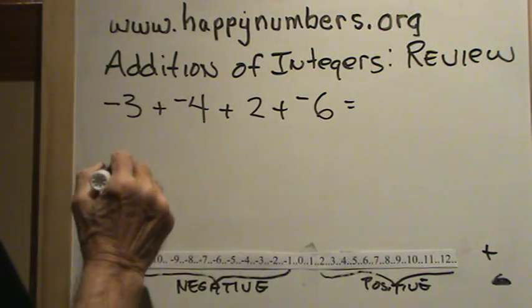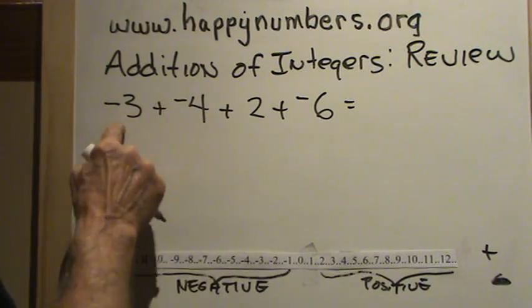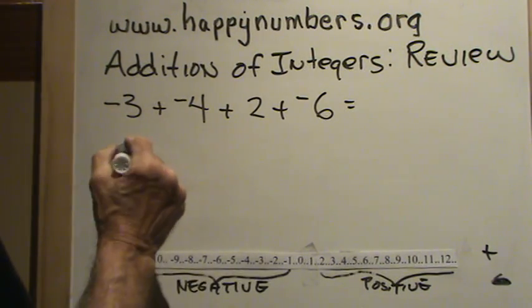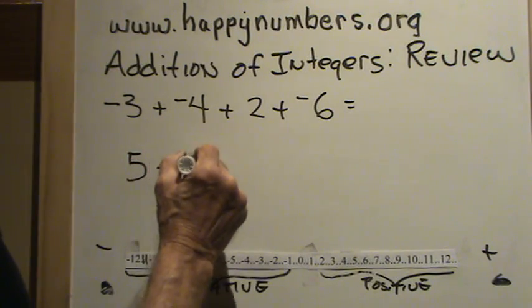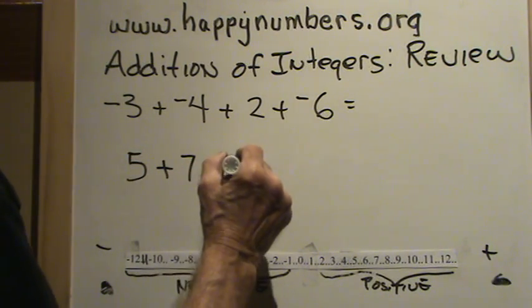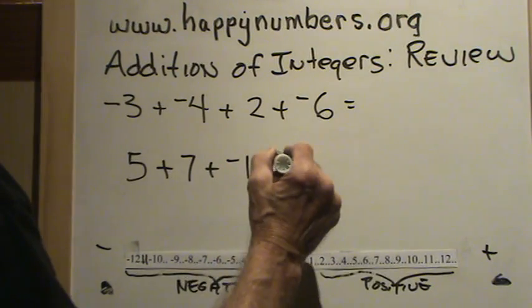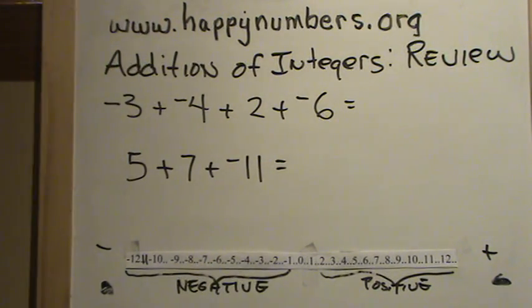And let's try this. Now just work them a pair at a time. Okay, so let's have 5 plus 7 plus negative 11. Okay, put your video or DVD on pause, work those, and then turn it back on again and we'll see how you did.